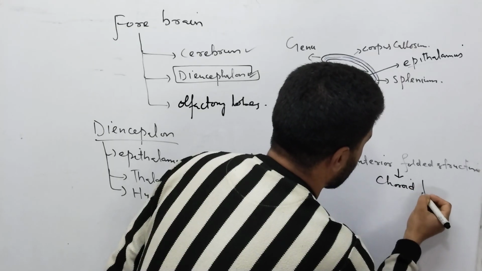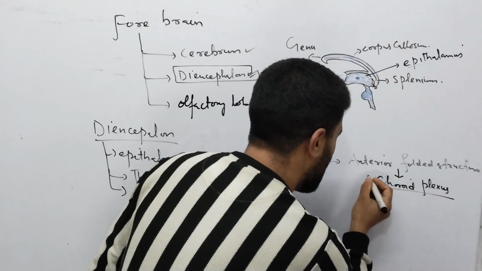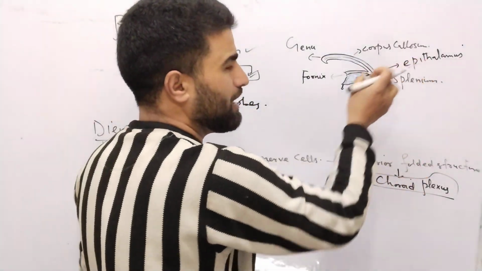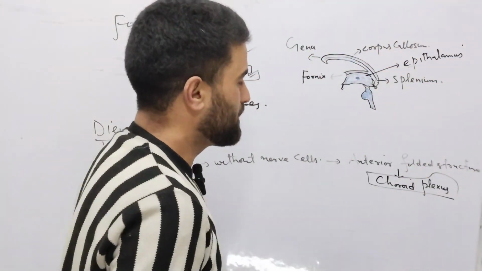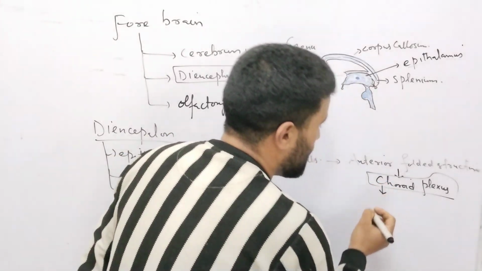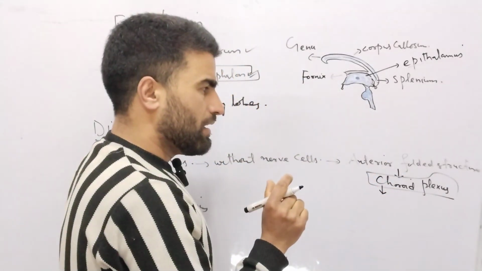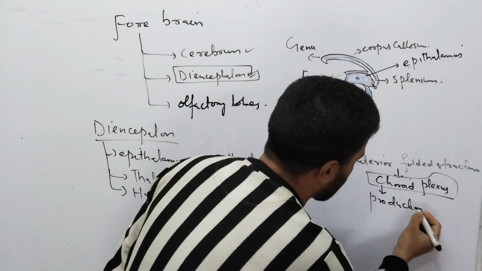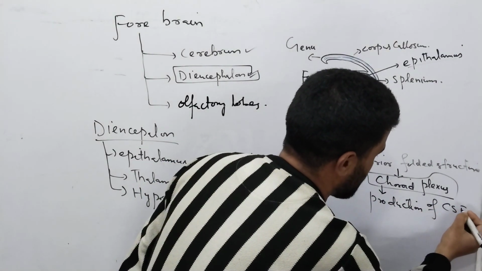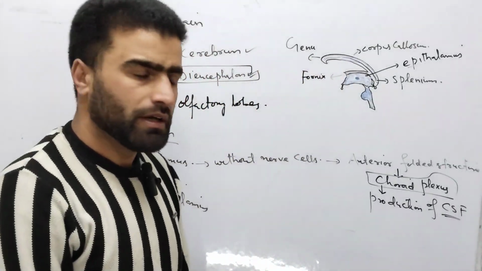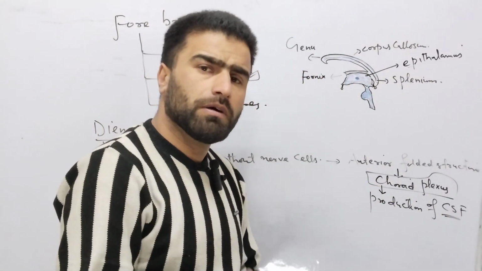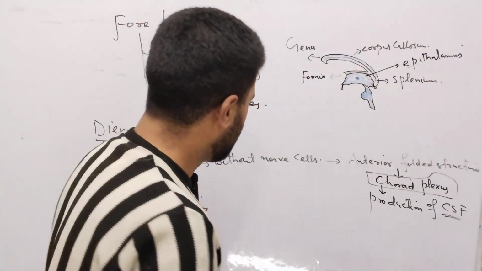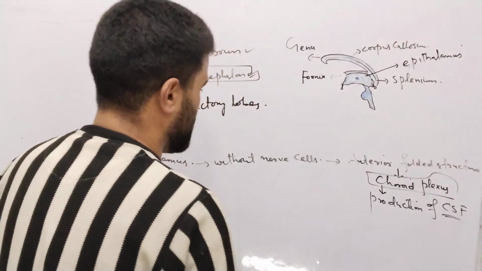Its name is choroid plexus. Now, this choroid plexus, which is present in the anterior region of the epithalamus, basically functions in the production of CSF, cerebrospinal fluid, which keeps the brain wet and acts as a cushion or shock absorber for the brain.